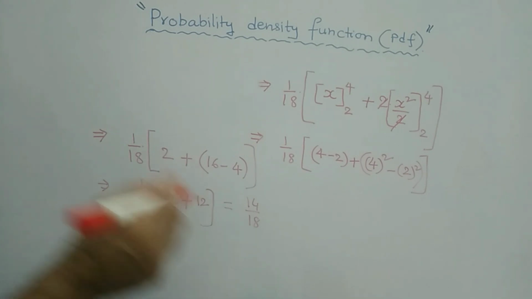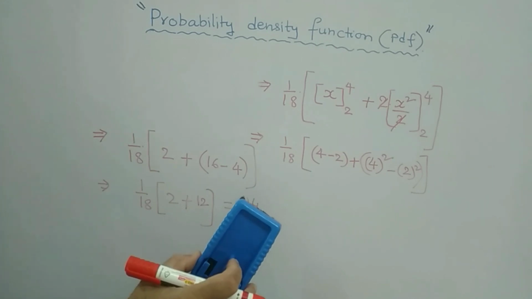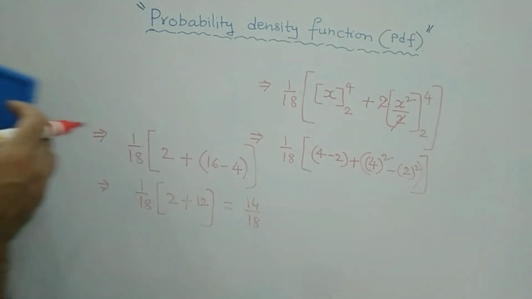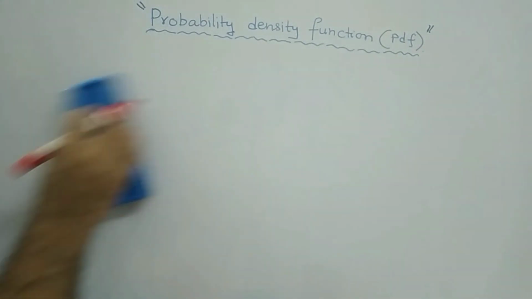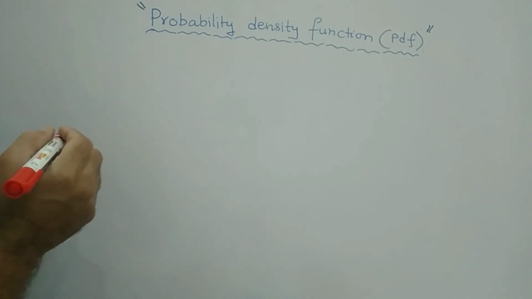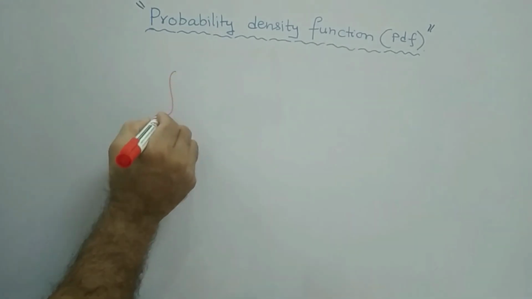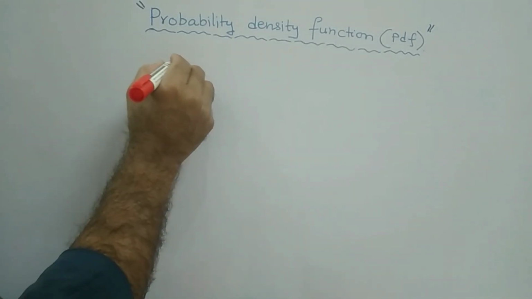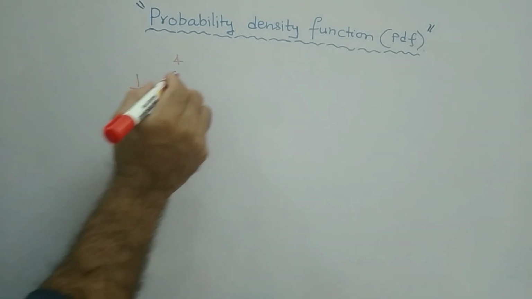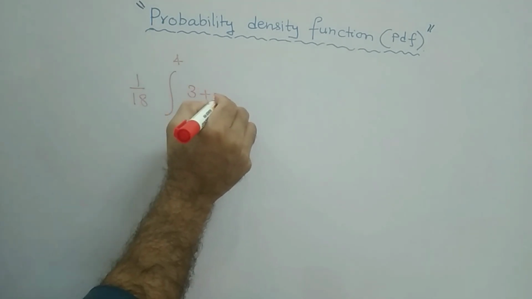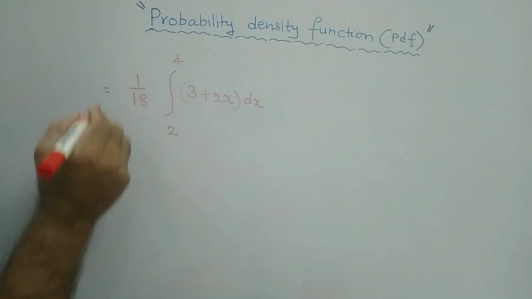I think we have missed the 3. Right? Just one second. I think we have missed this. What is that actually? The integral over 2 to 4 of 1 by 18, which is constant, definitely, clear, times (3 plus 2x) dx, and this is equal to what?